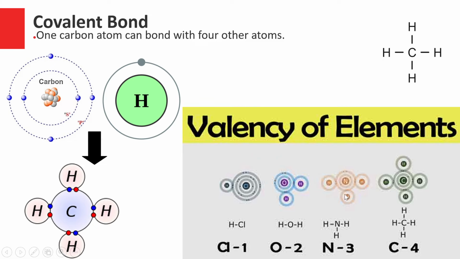Then you have ammonia, where electrons are shared between a nitrogen and 3 hydrogens. And then again, an image of methane, where electrons are shared between a carbon atom and a hydrogen atom 4 times.